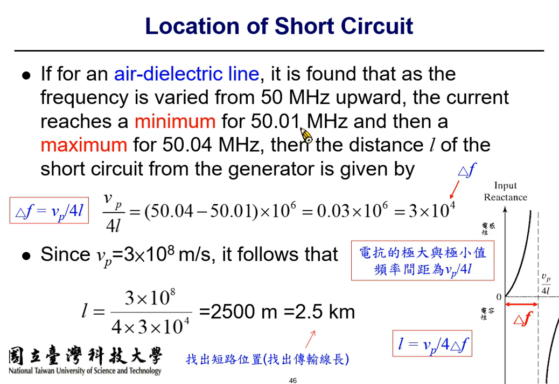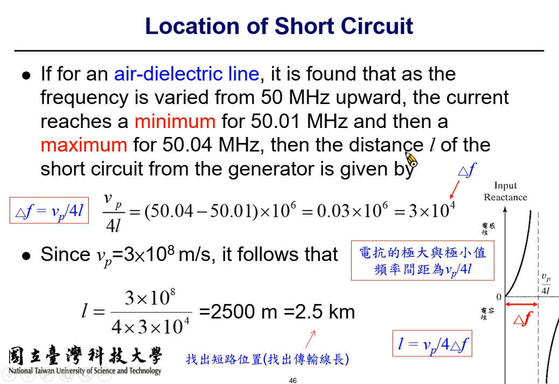It's found that as the frequency varies from 50 megahertz upward, the current reaches a minimum at 50.01 megahertz. So it's dialed up by 10k hertz, and then followed by a maximum current at 50.04 megahertz.